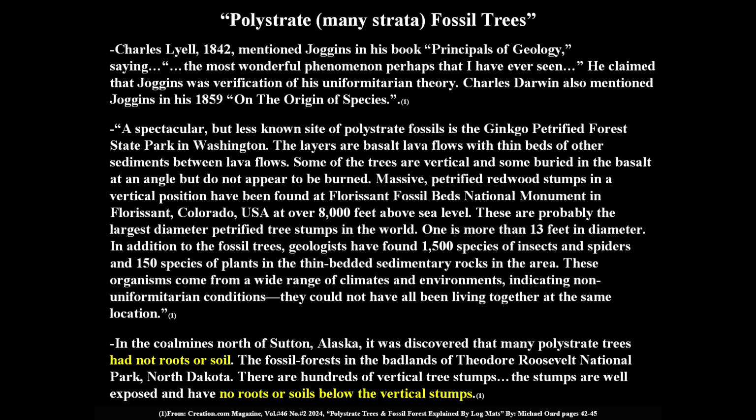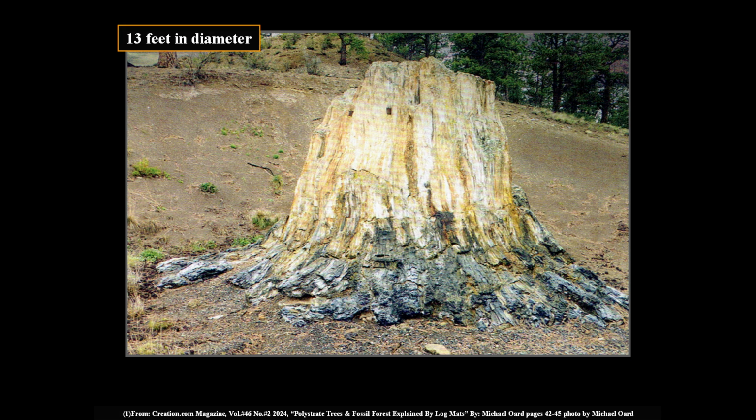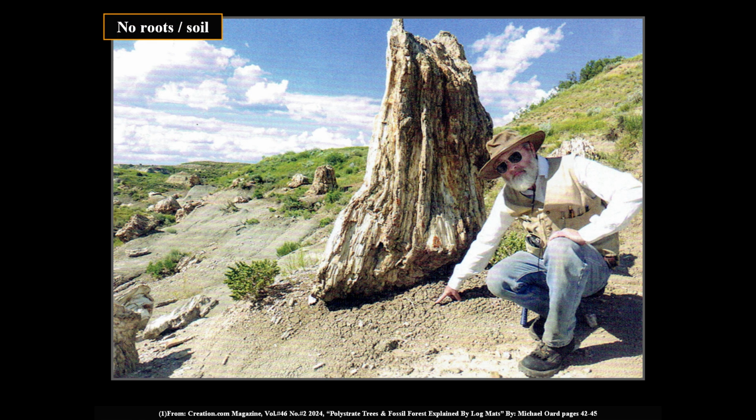And so now this is a picture of this tree that is 13 feet in diameter. I wish they'd have stuck somebody standing near that thing. At any rate, here is another tree stump, and notice that, guys. There's no roots or soil. Now there's soil right there, but right beneath the tree, there's no soil.